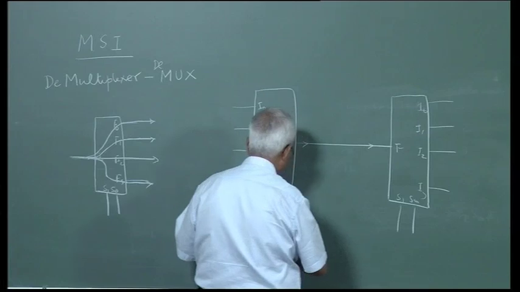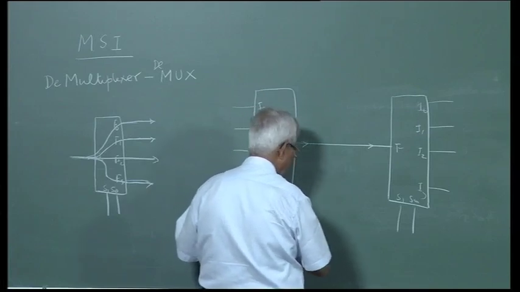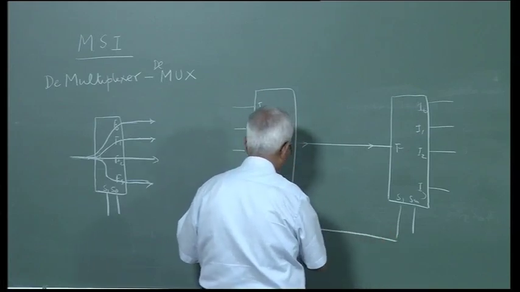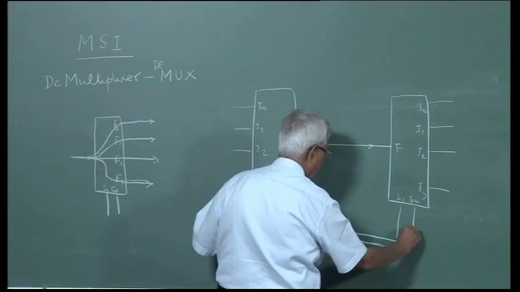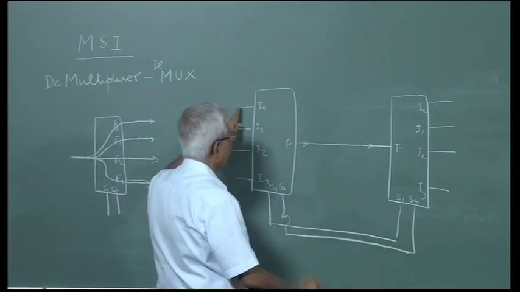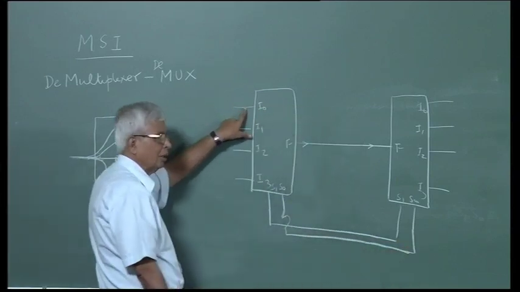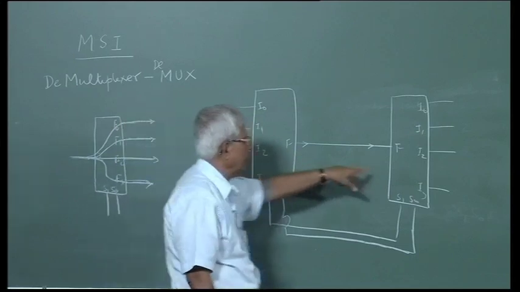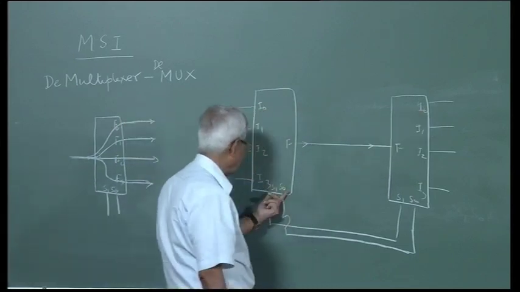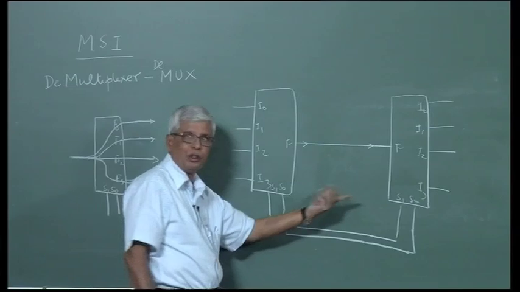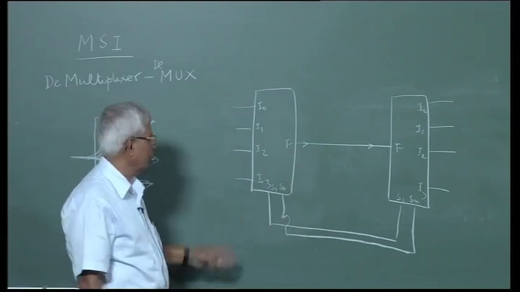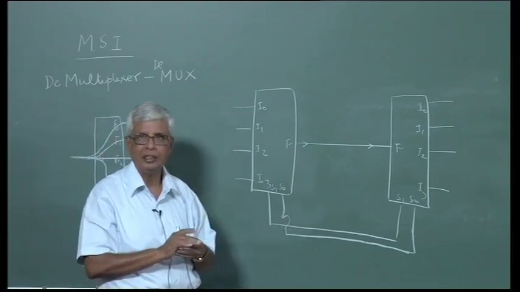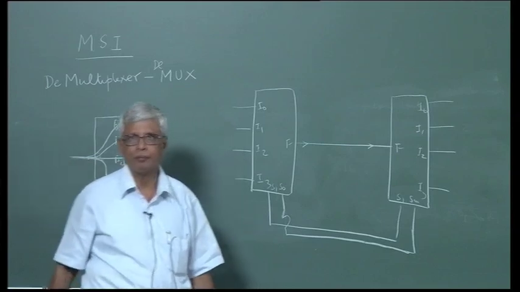So if I want to send this input into this, I select S1, S0 here as well as S1 here, 0, 0, 0, 0. So this is a mux demux combination used for signal transmission.